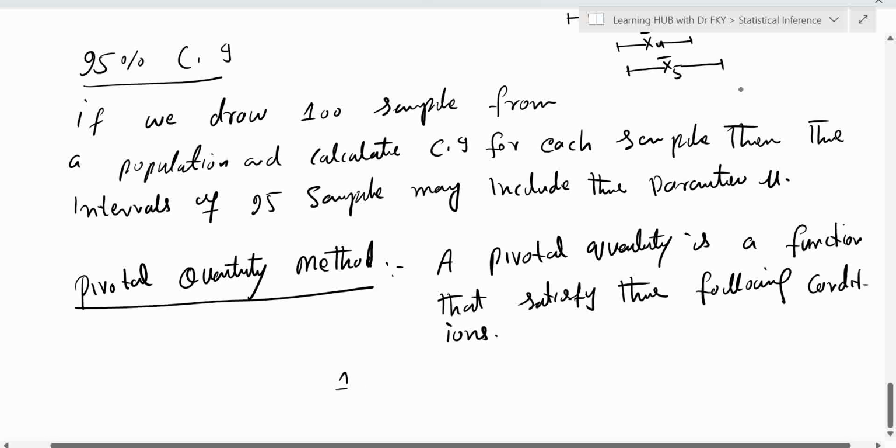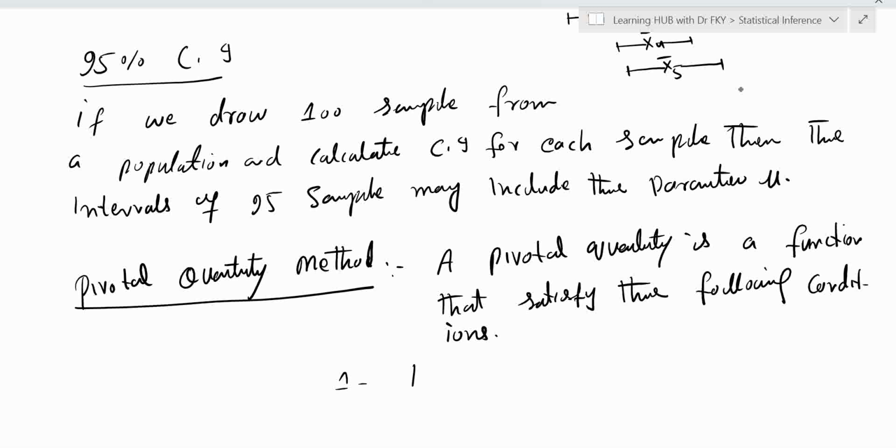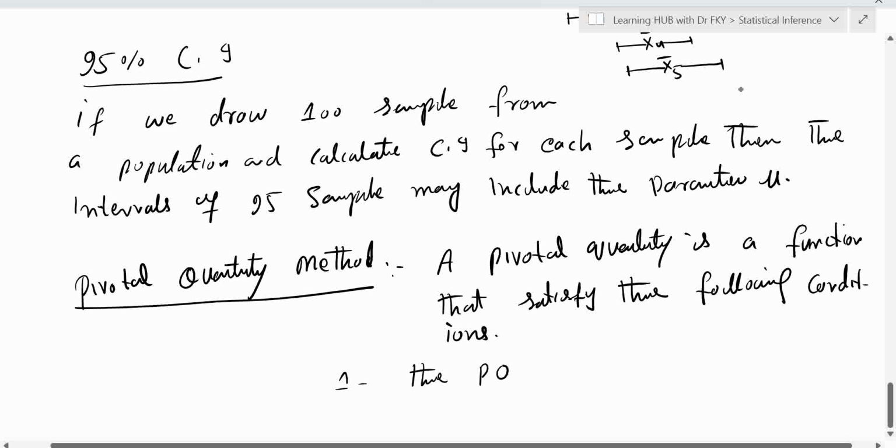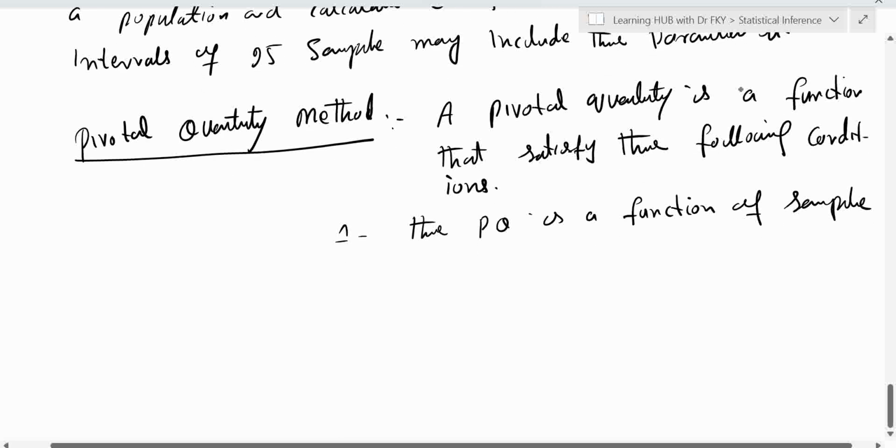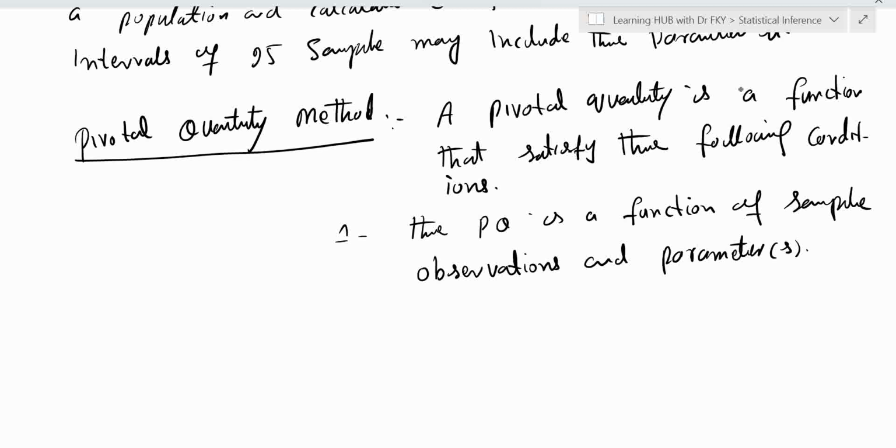These conditions are: number one, we can write the pivotal quantity by Q. The pivotal quantity is a function of sample observations and parameters. So we need to check this, the first one.